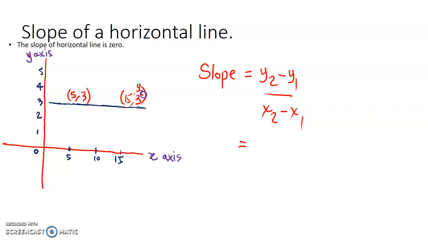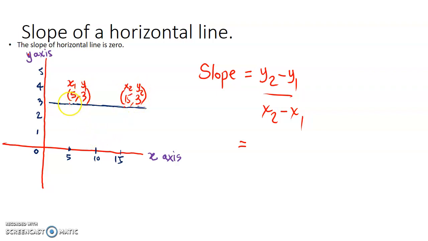This is y2, this is x2, of course this is y1, and this is x1. What you would realize is that the value of y doesn't change. y1 is 3, y2 is 3.